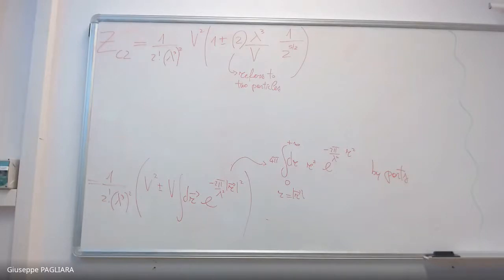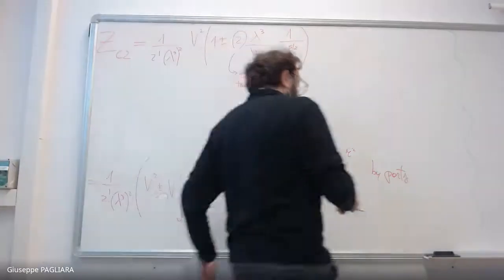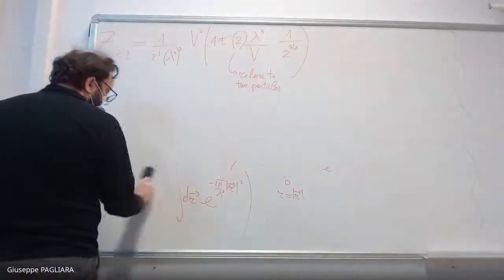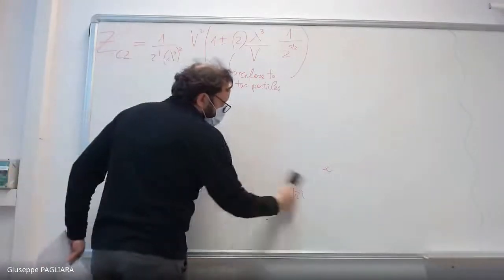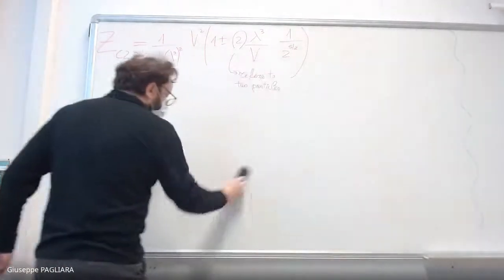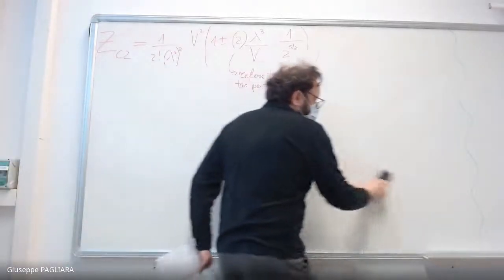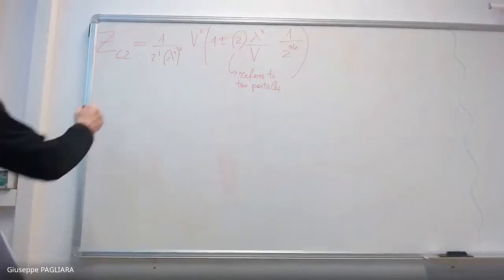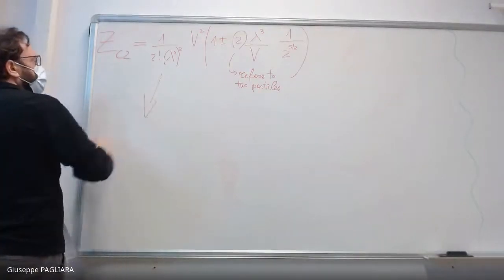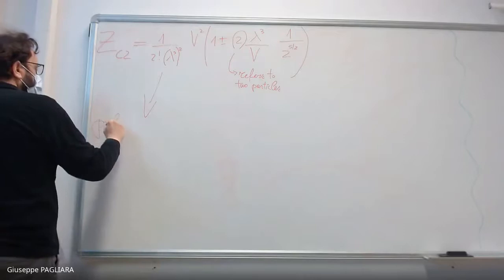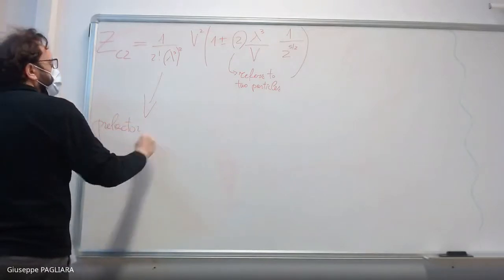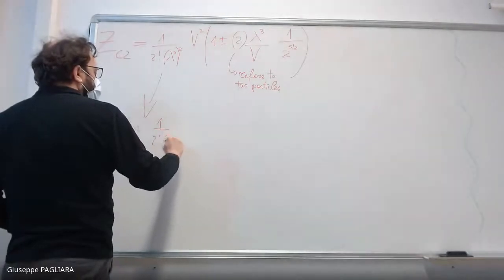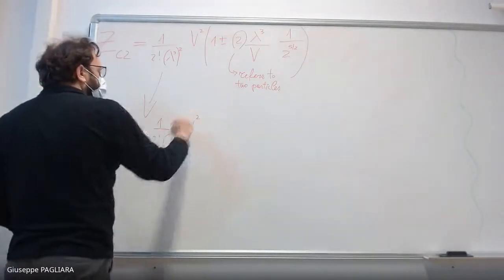Now you see that in this calculation, now you have the canonical partition function of a free gas of two particles in contact with the thermal reservoir. And you see that the prefactor is correct. So the prefactor is 1 over 2 factorial and lambda 3 to the power of 2 and V to the power of 2.